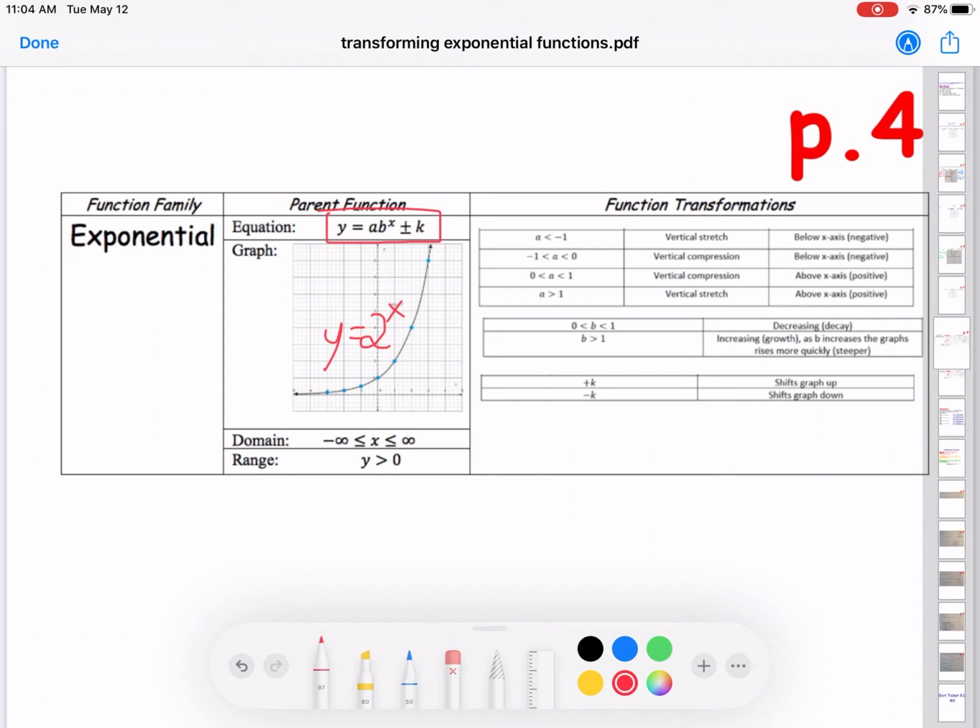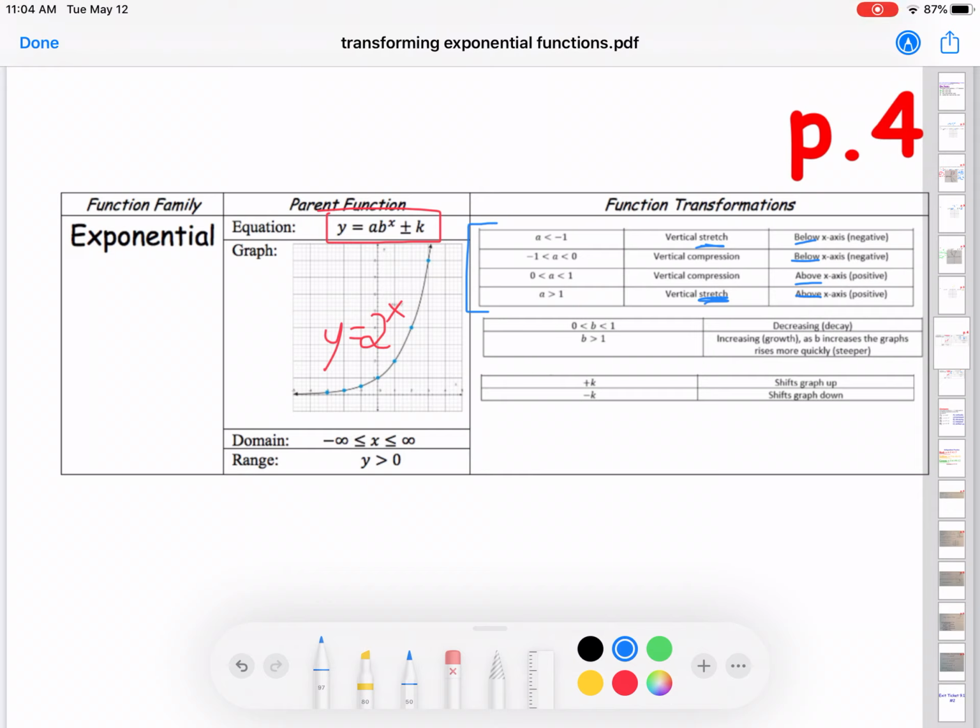So you'll notice in our chart here, just like we found in our 3 activities, there's 3 different ways you can transform this function. If you change the a value, that can either make your graph below or above the x-axis, depending if it's negative or positive. And the larger that number gets, so -3, -4, +3, +4, that stretches our graph, which makes it steeper.